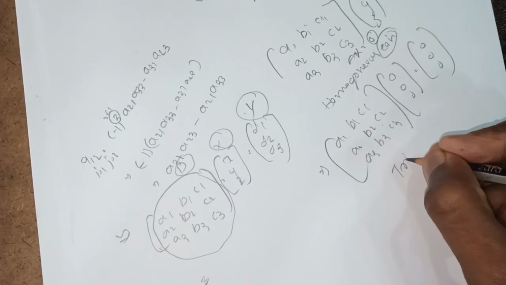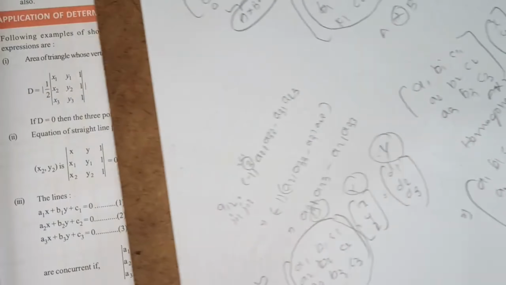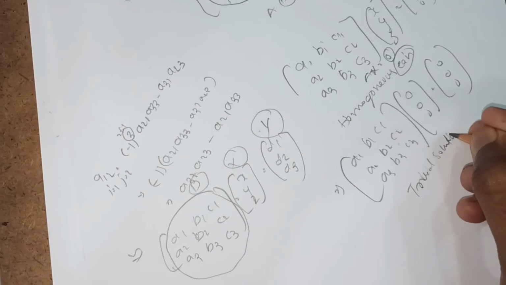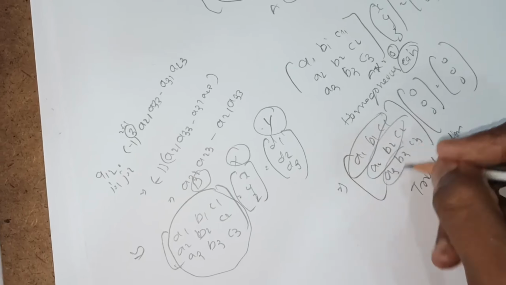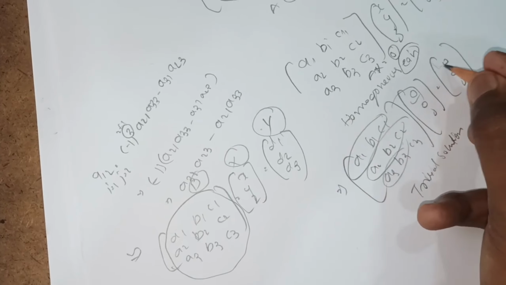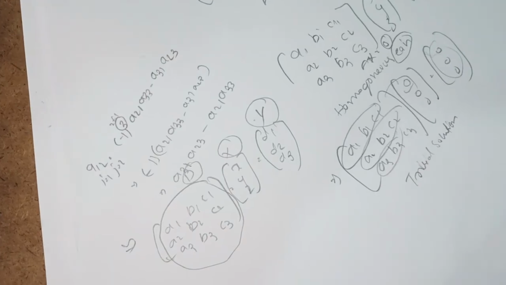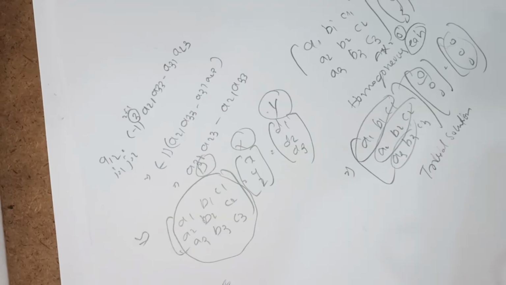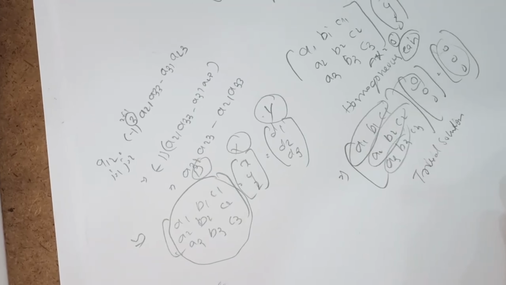So it is said to be a trivial solution, because any value multiplied with 0 gives 0 only. So here it is said to be the trivial solution.